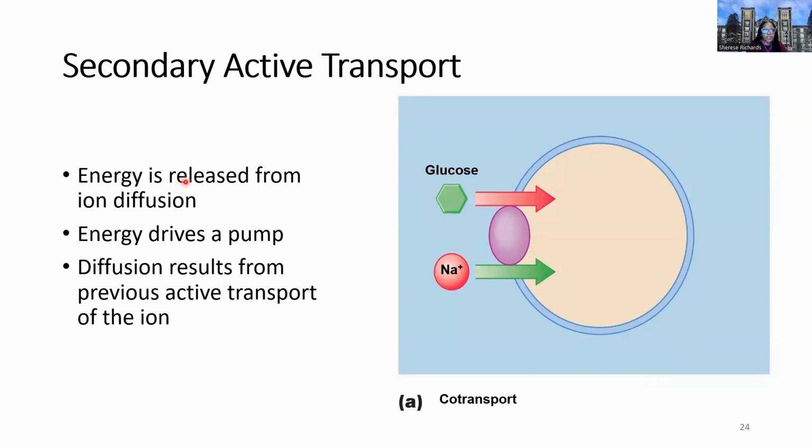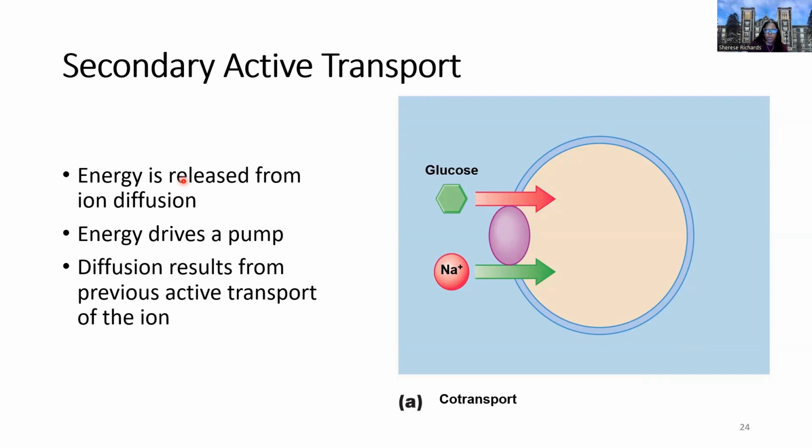Alternatively, with secondary active transport, the energy that's used comes from the movement of another particle that's moving passively. So going back to our initial description of active versus passive transport, we said that passive transport can liberate energy or donate energy.